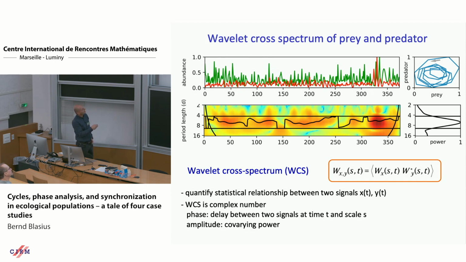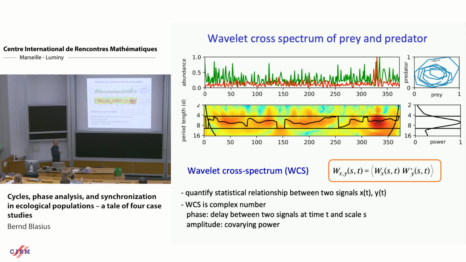And you see, yeah, mostly they fluctuate together, but there are also areas where they don't fluctuate together. But the problem with the wavelet cross spectrum is that it also depends on the amplitude of oscillation. So for example, here we have a strong amplitude in the predator-prey cycle, and this means we also have a higher cross spectrum.